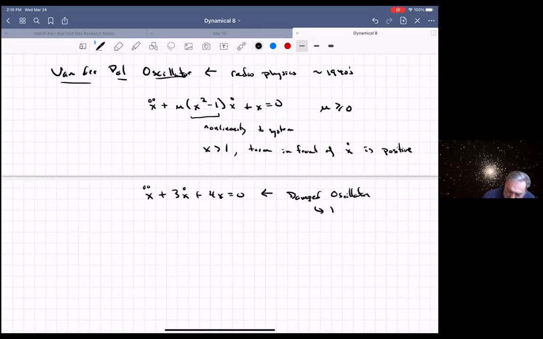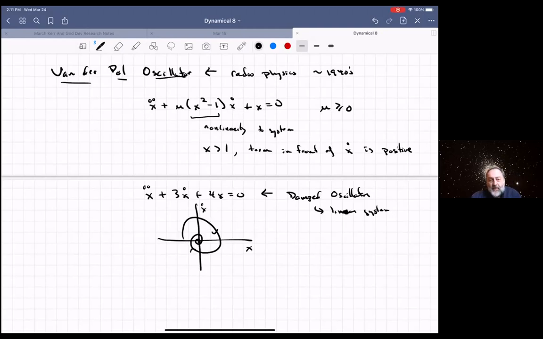And it's, of course, a linear system. And it's going to be a stable spiral.